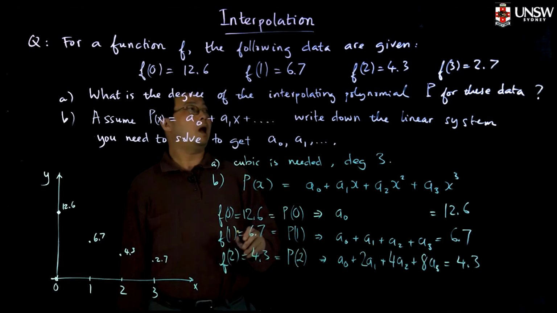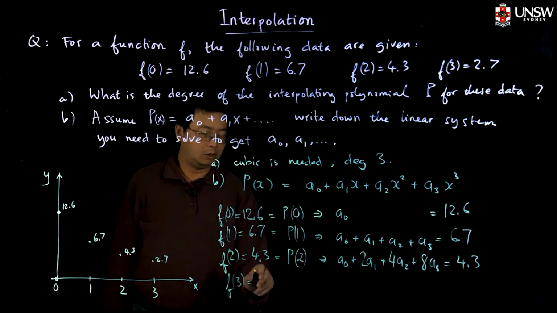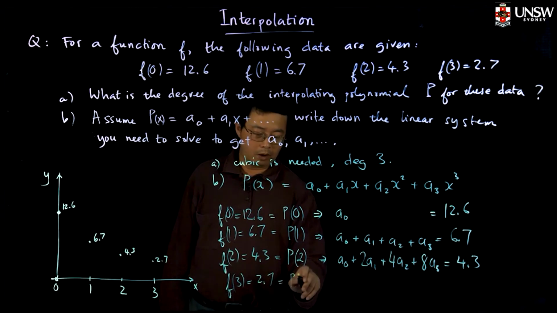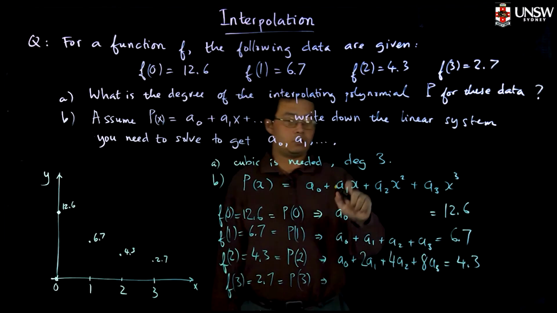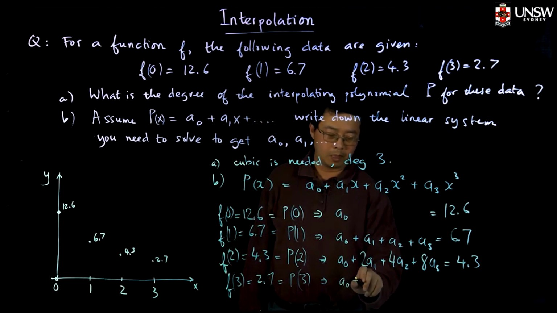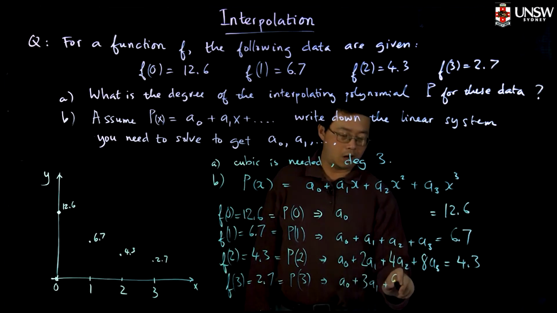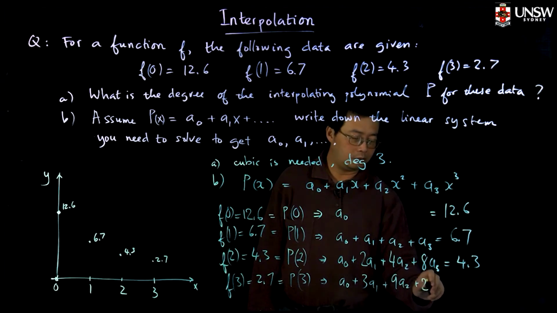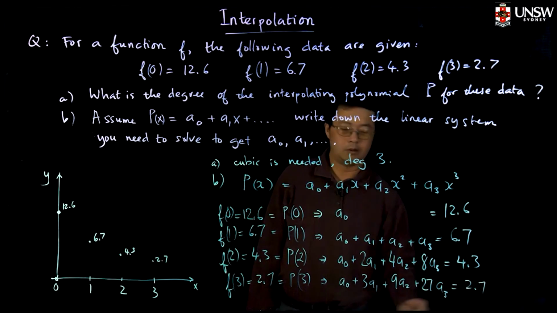And then the last one is f3, which is 2.7, equal to p at 3. Now you just put in 3 here: a0 plus 3a1 plus 9a2, and 3 cubed is 27, so 27a3 equals 2.7.